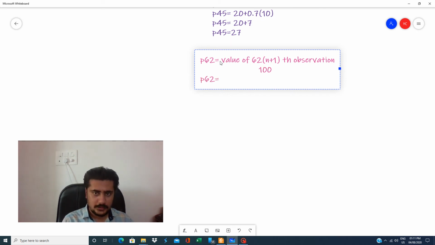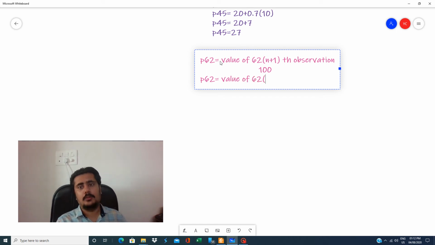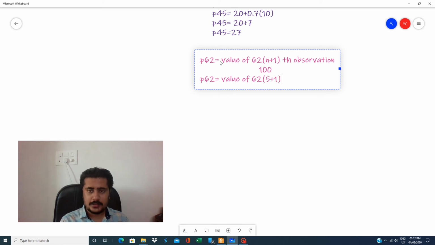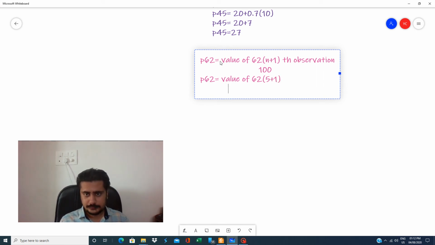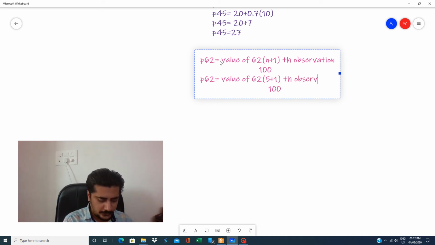So P62 is value of 62 into, now what is this n plus 1? It is 5 plus 1 upon 100 observation.